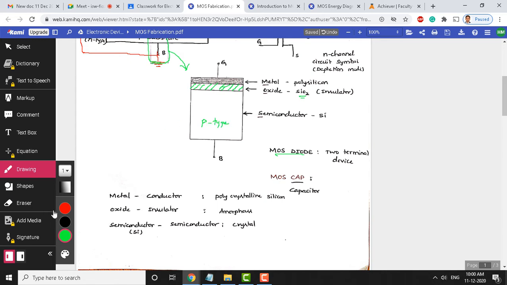For N channel MOSFET, we have considered P type substrate. So now this becomes the 2 terminal device. This can also be called a MOS capacitor, because the MOSFET works based on the principle of the capacitor.